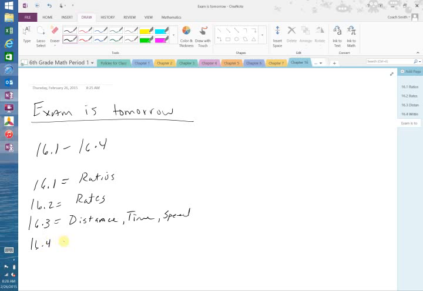Then 16.4 is what we just graded, and that is proportions. Okay, so those are the four things that it will cover.